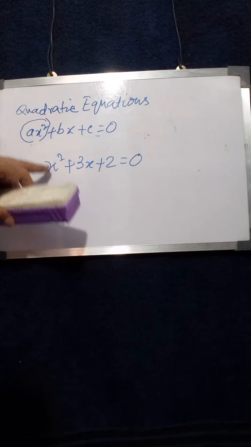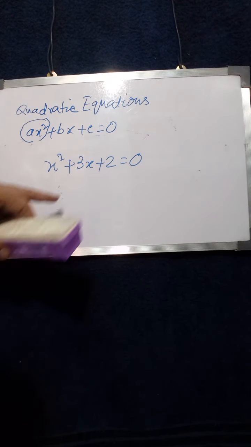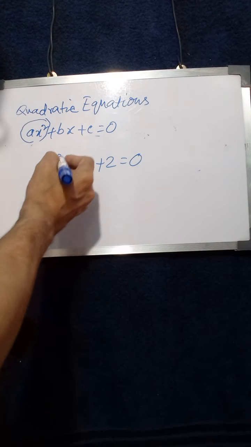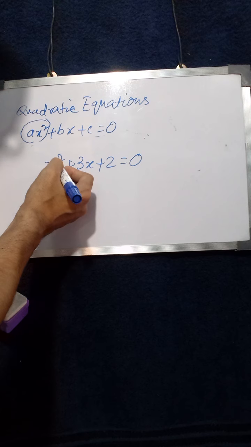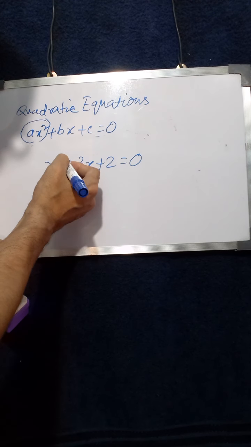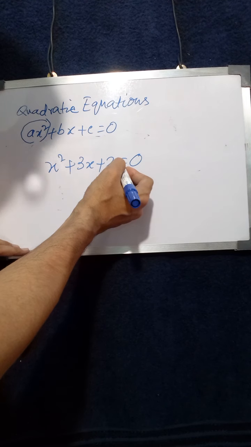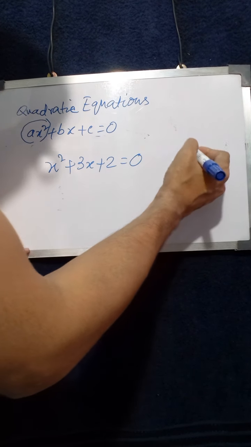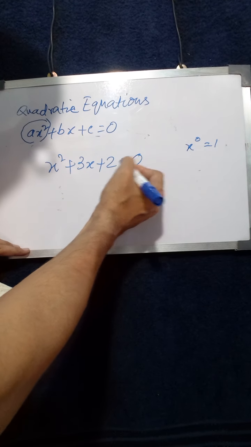This equation is arranged. See, x square, x, and the constant. You can consider the indices of x is gradually decreasing. 2, 1, here the index of x is 0, exponent of x is 0. You know, x to the power 0 will be 1, so 2 into 1 will be 2.